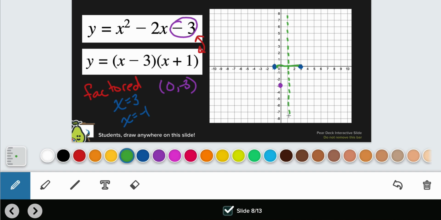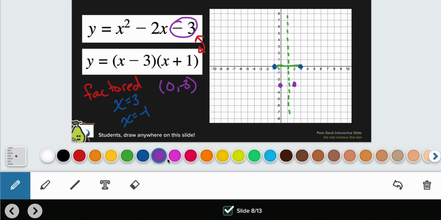So the axis of symmetry is right there. Another thing that I can do is that I notice that this point is 1 unit away from the axis of symmetry, which means on the other side it will be 1 unit away as well.